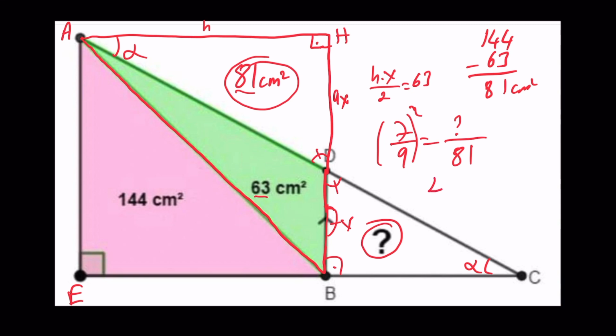So 49 over 81 will be equal to our question mark over 81. So as you can see, our question mark will be 49 centimeters squared for this question.